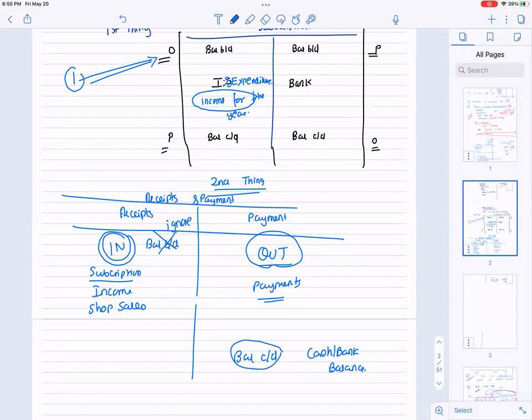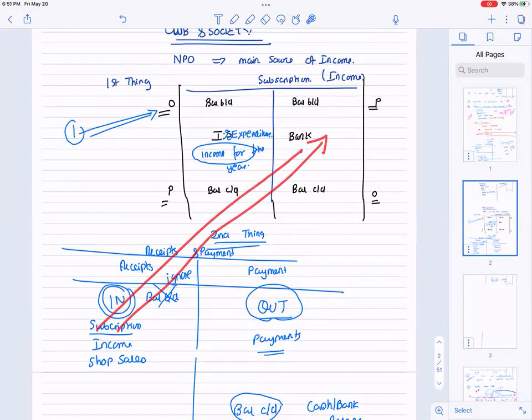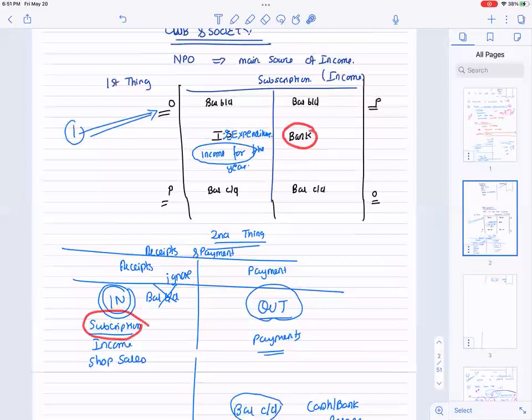Now let's see. Subscription that is written in the receipts and payment account. Where will this go? To bank and subscription account. The one subscription that you have on the receipts side, this will go to the subscription account. Which side? Credit side.